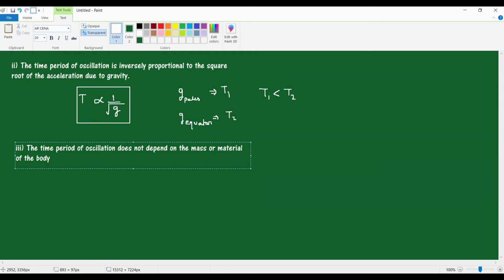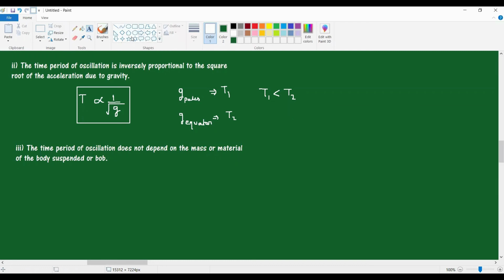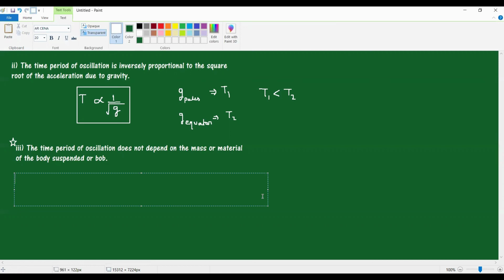Clear? So this point is very important. I am going to mark a star over it. Otherwise, first 2 points are also important, but you must always know better where it does not vary, what factor does not vary it.